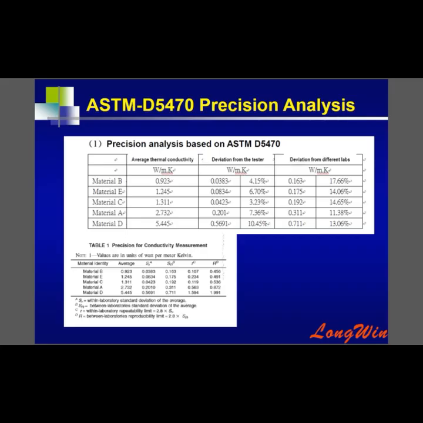If among different laboratories, we can expect there will be even higher deviation, could be 10% or even higher. So this is the approximate deviation range if you use ASTM D5470.